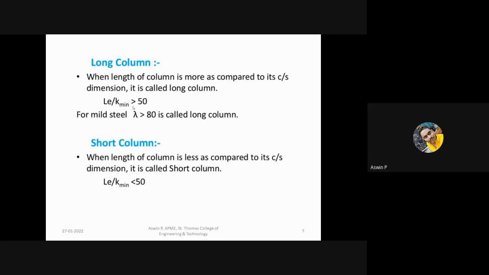For mild steel, lambda greater than 80 is called a long column. Write it as an example.